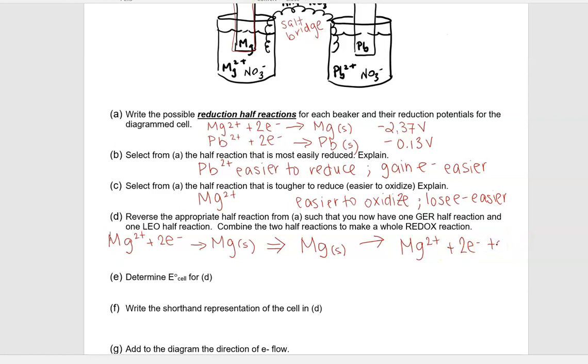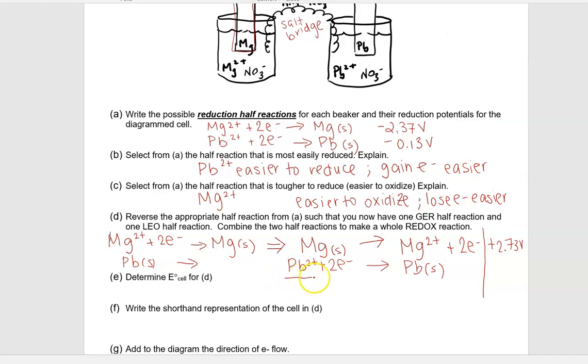And it will look like this. And because I flipped it, I'm also going to flip the voltage. Keep that in mind. I'll separate that voltage from the rest of the information. And then I'm going to keep my Pb solid. I'll just shorthand it over here and I'll redraw it. So I have Pb2+ plus 2 electrons yields Pb solid. So now I can combine them to make an entire redox reaction.